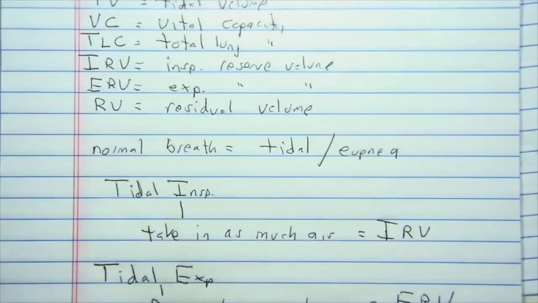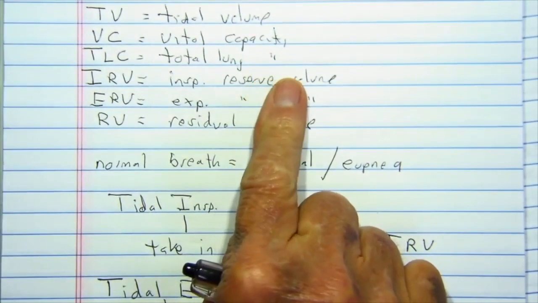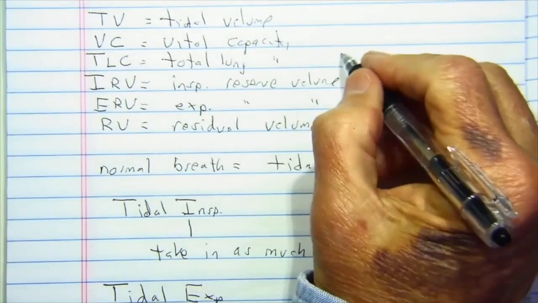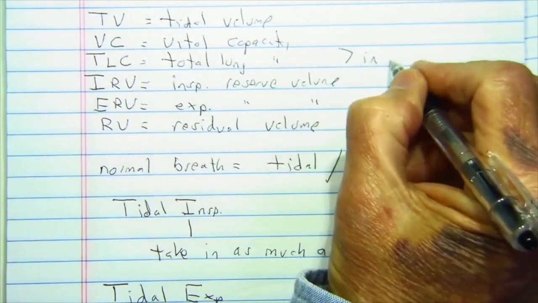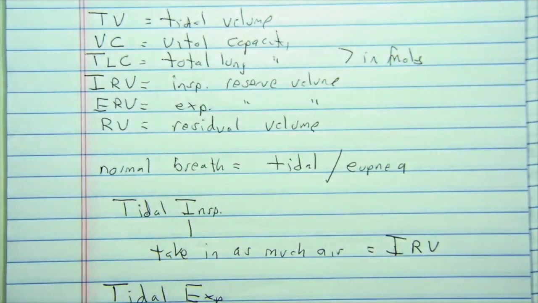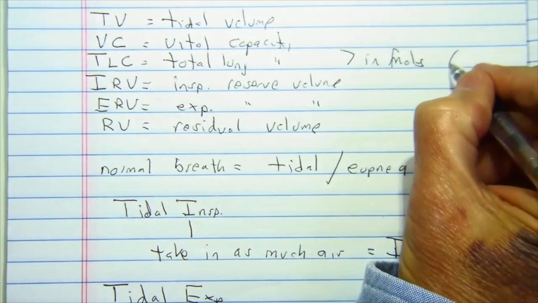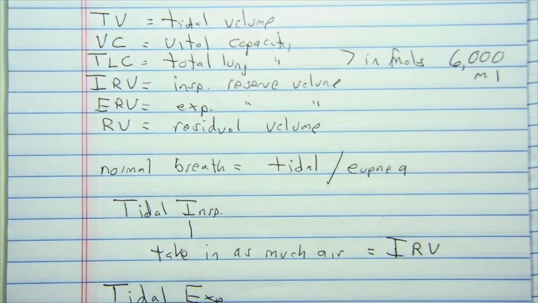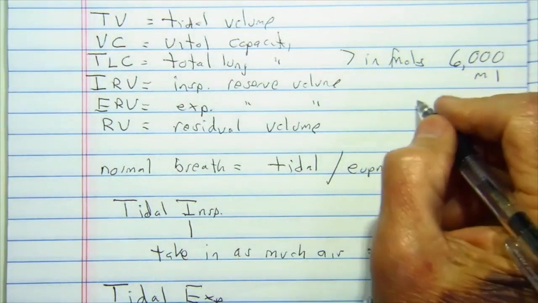And of course, with total lung capacity, just always think that it is generally going to be greater in males than in females. Men tend to have a much greater capacity, and I'm going to use a number sometimes as great as about 6,000 milliliters of total lung capacity, whereas a female generally is about 2/3 of that.